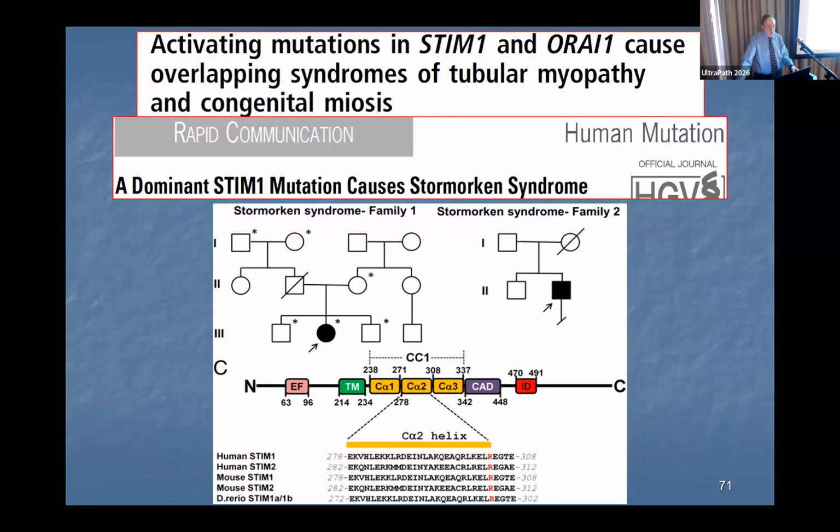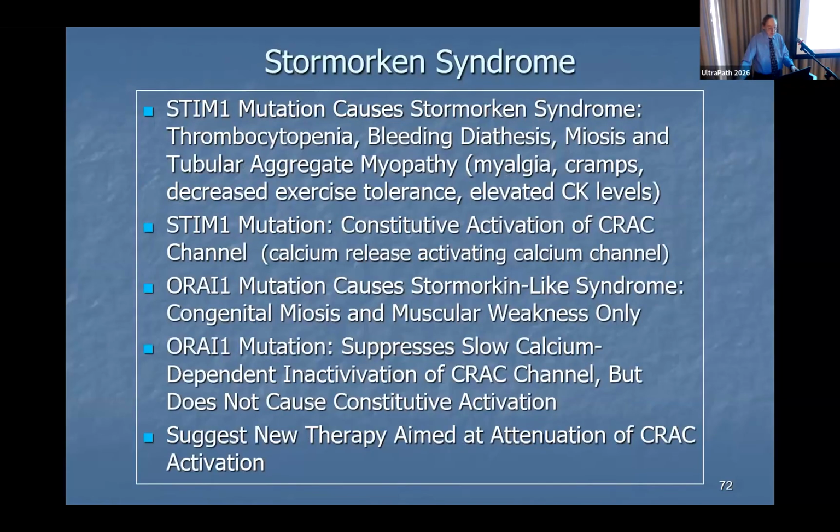There's also an ORAI1 mutation associated with this, and this one has a little bit of difference compared to STIM1. So the STIM1 mutation causes what's called Stormorken syndrome, which has thrombocytopenia, bleeding diathesis, miosis, and a tubular aggregate myopathy associated with it.